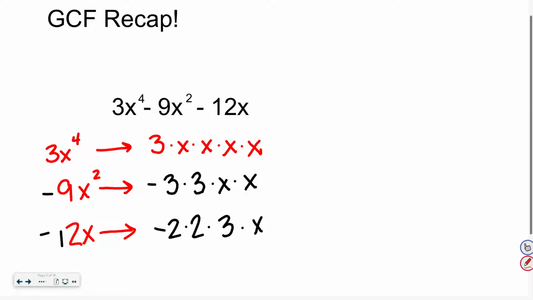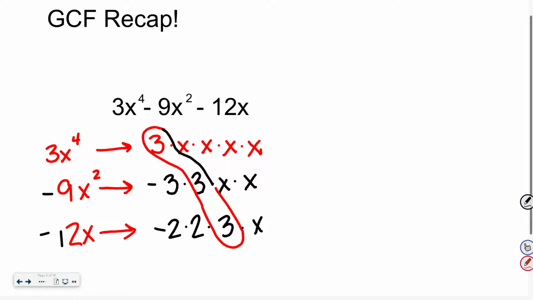Looking at how it's broken out, how would you identify the greatest common factor? Whatever number or x we all share. Okay, whatever coefficient or variable they share. What do these share? 3. They all share 3, and I can circle it.